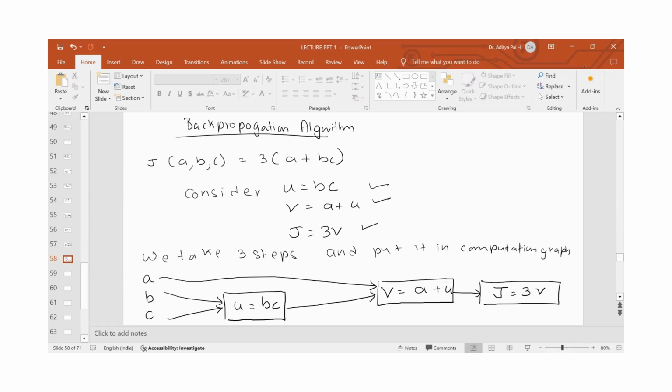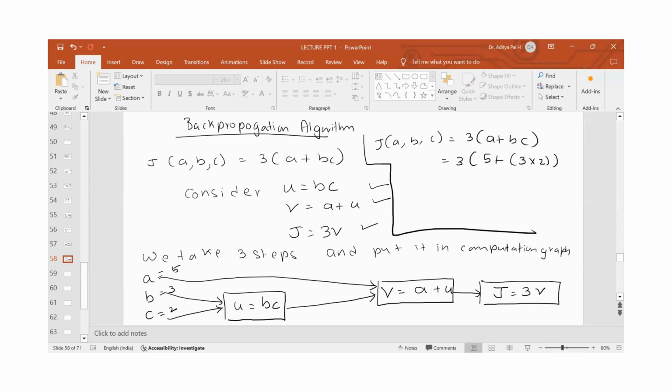Okay, so consider the value of A is 5, the value of B is 3, and the value of C is 2. So J of A, B, C is equal to 3 of A plus BC, which is 3 of 5 plus 3 into 2, which is 3 of 5 plus 6, which is 3 of 11, which is 33.